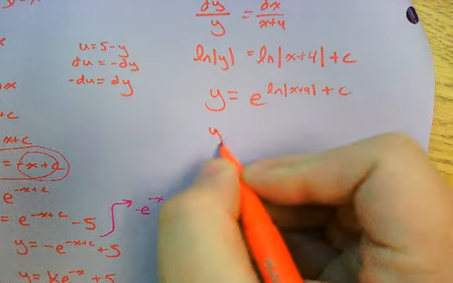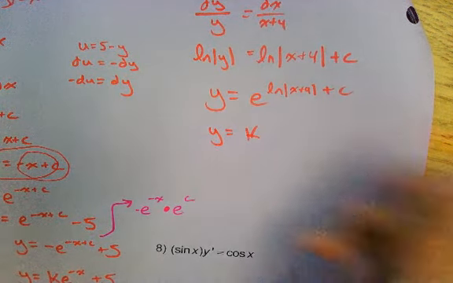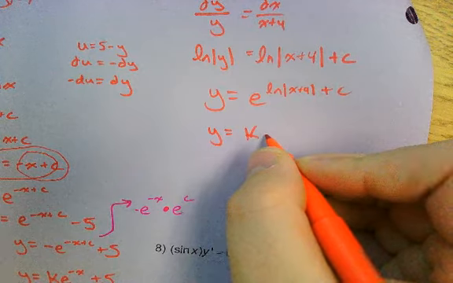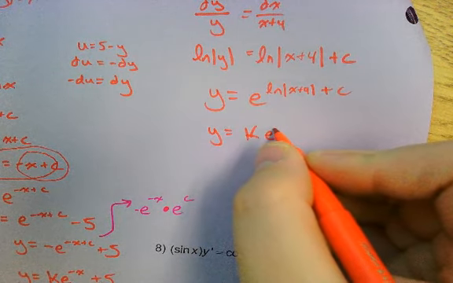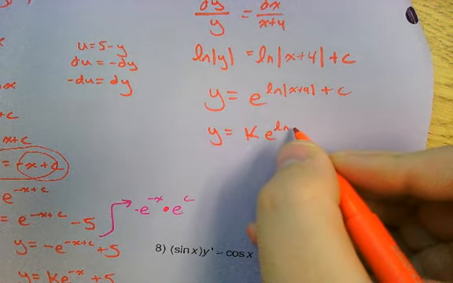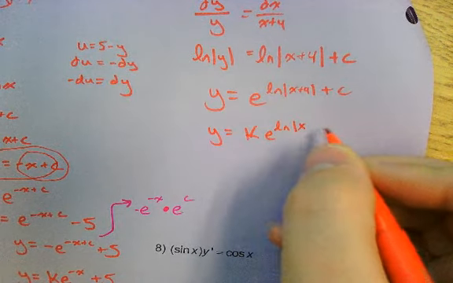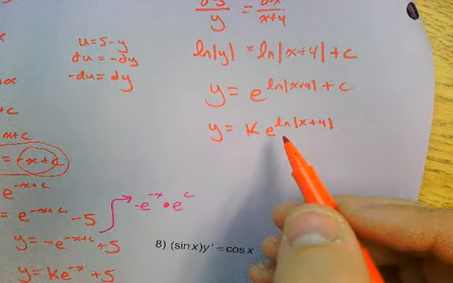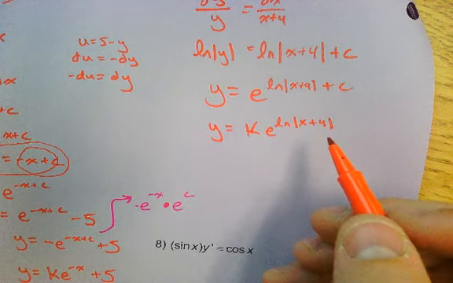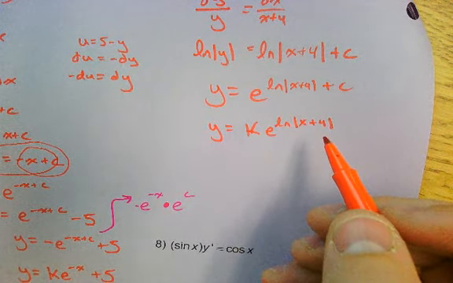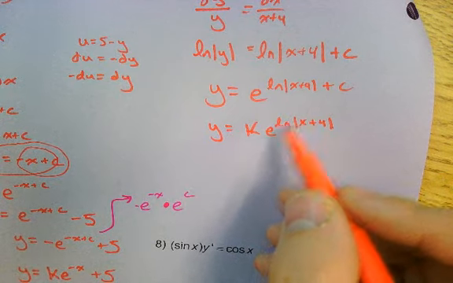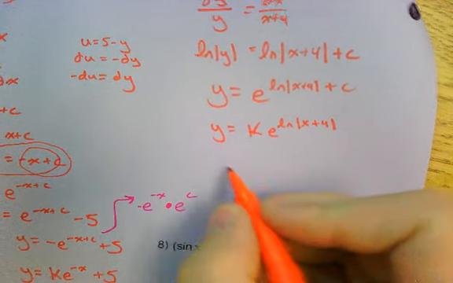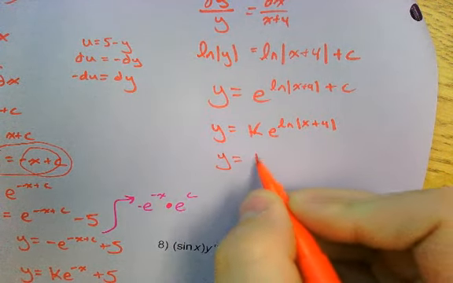Okay, e to the ln of x plus 4. What does that e do to the ln? Cancels it out, and I'm left with x plus 4 plus c, and that's it.